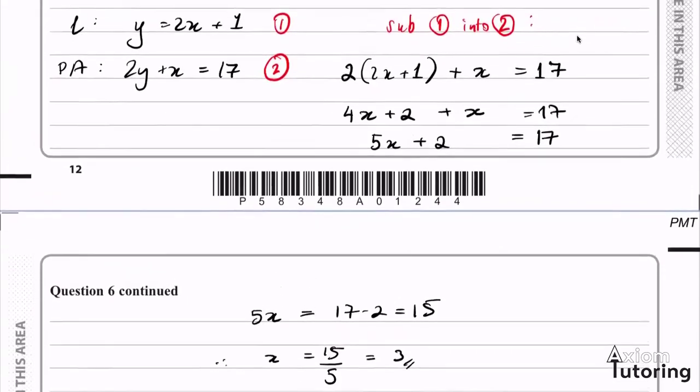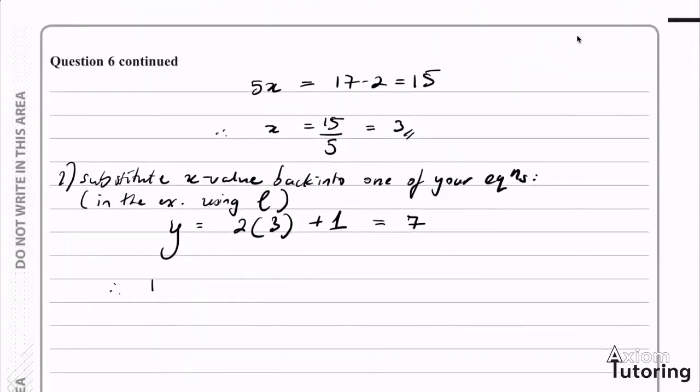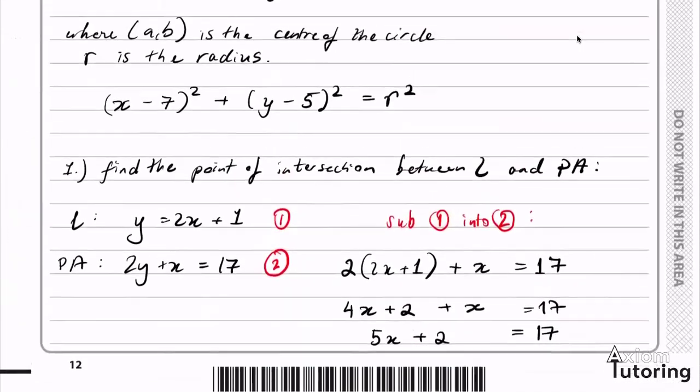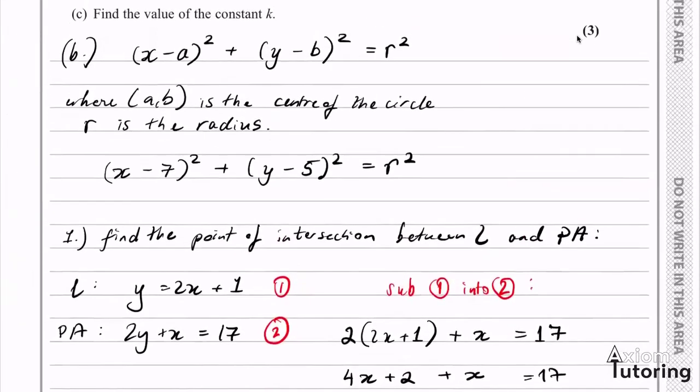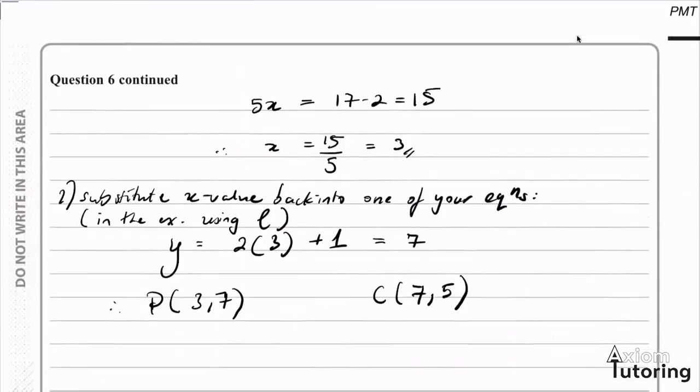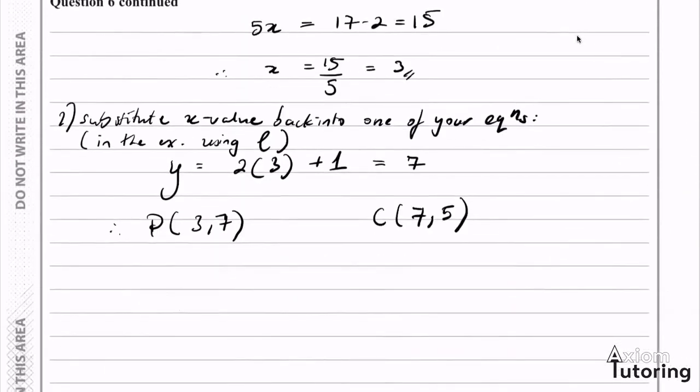Therefore the coordinate of point P is 3, 7. And our coordinates for C are 7, 5. Let's just double check that. Yeah, 7, 5.